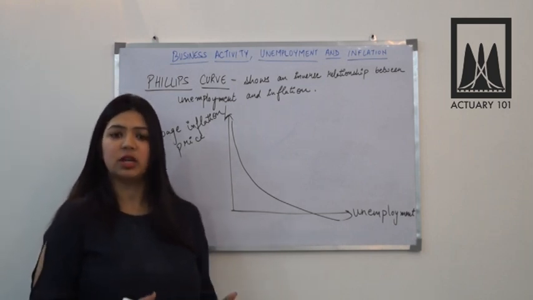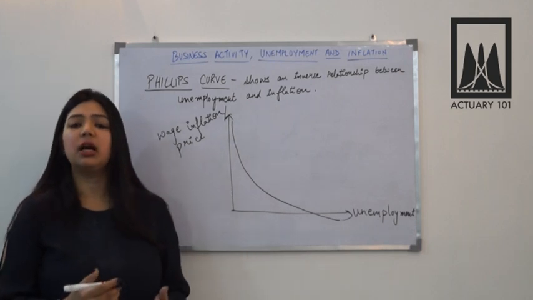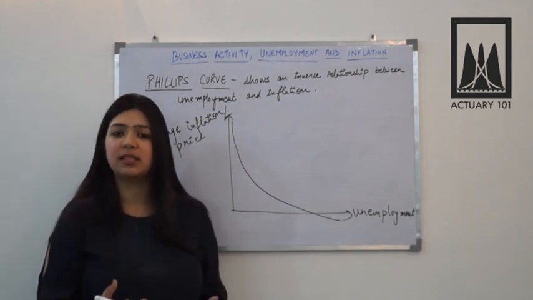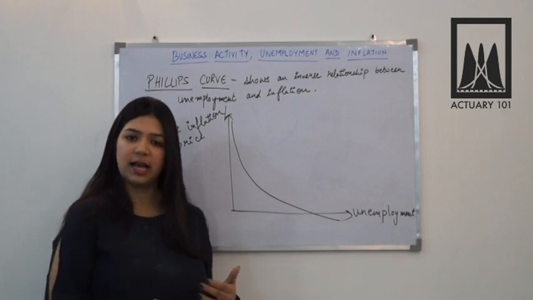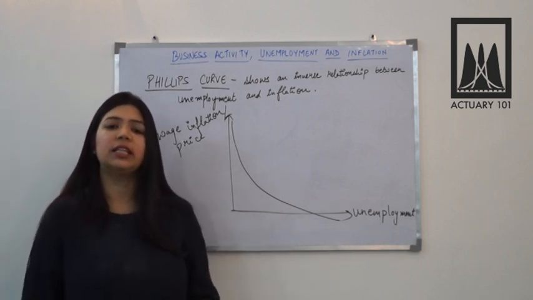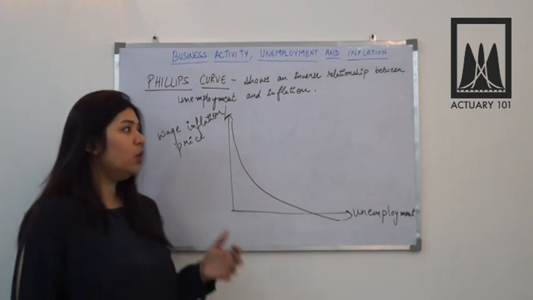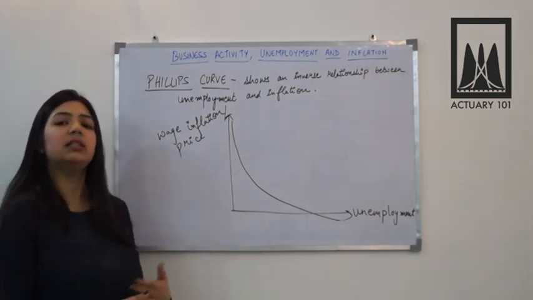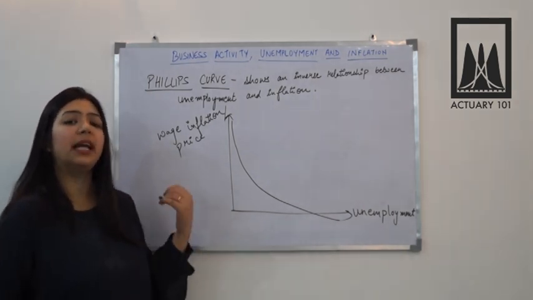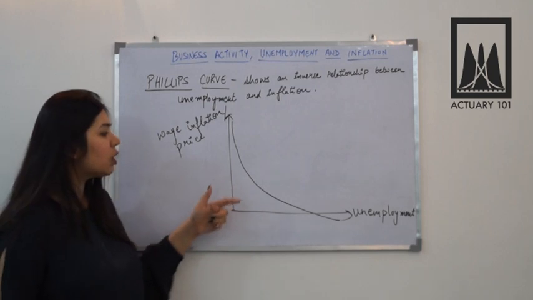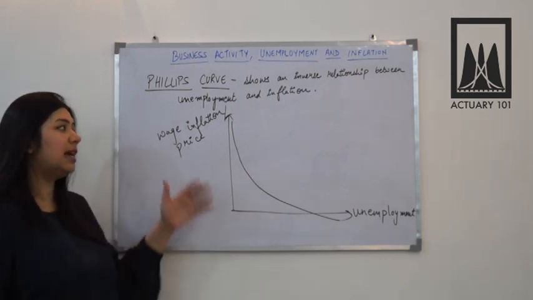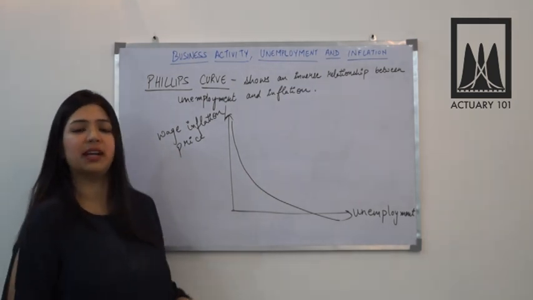Also, inflation can arise due to cost push factors, that the cost of production has risen and that will lead to an increase in the prices. So, there can be factors other than demand that affect unemployment and inflation, which can cause the Phillips curve to shift towards the right and not completely disappear, in fact.